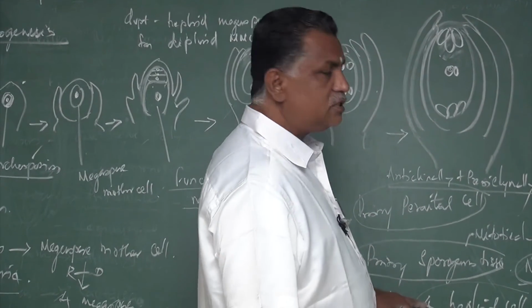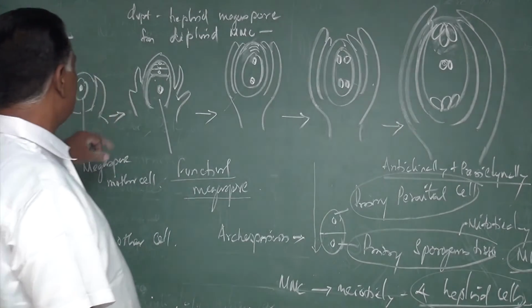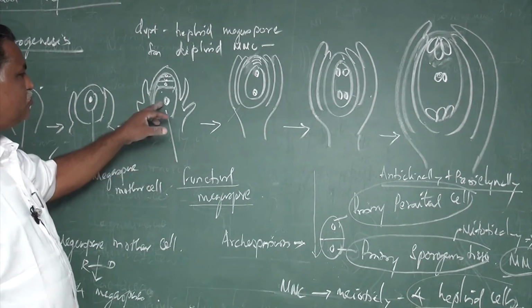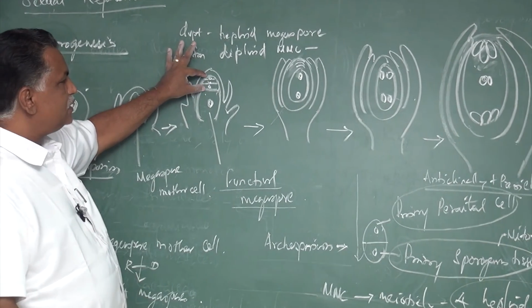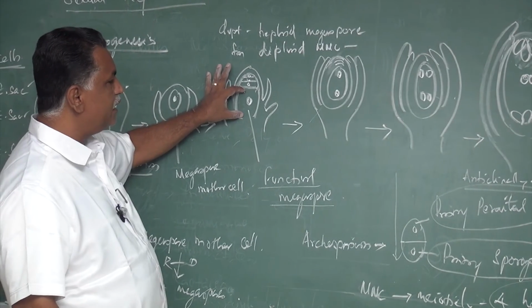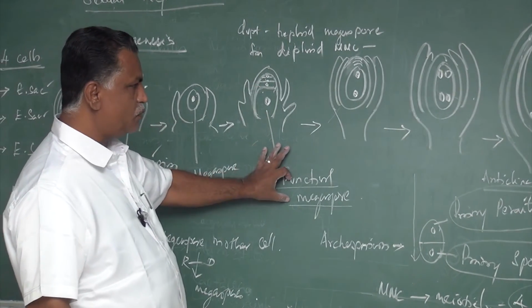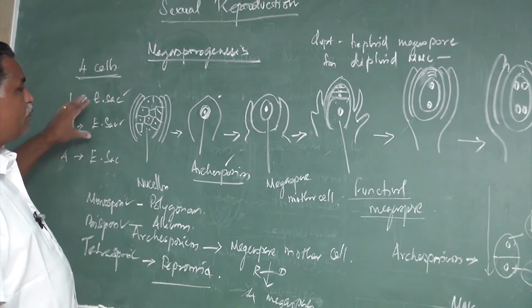In most cases, among the 4 haploid cells, only one is involved in the production of the embryo sac. The 3 cells at the micropylar end disintegrate, and only one at the chalazal end develops to form the functional megaspore. But there are 3 types of embryo sac development.